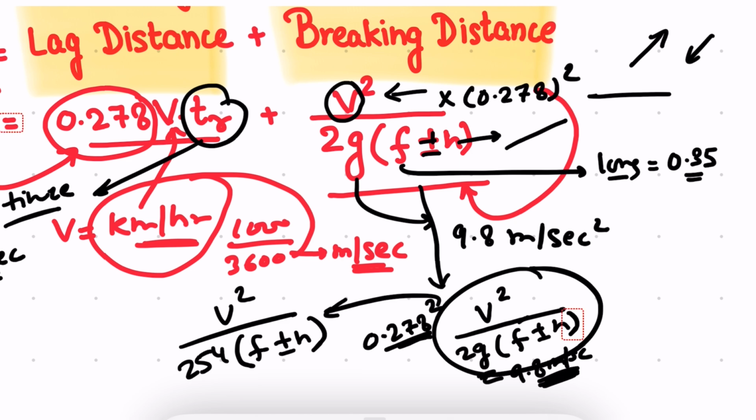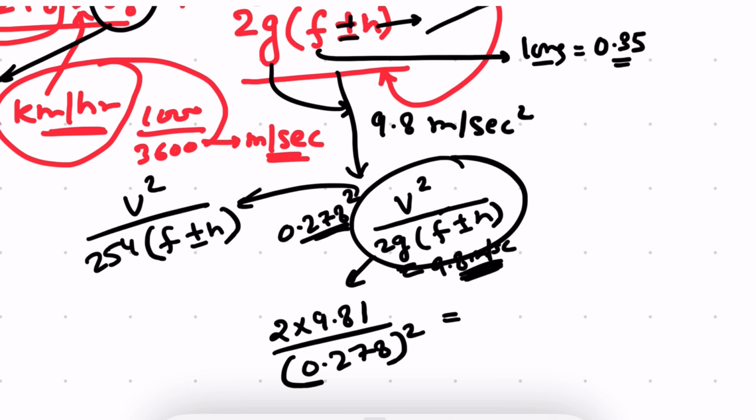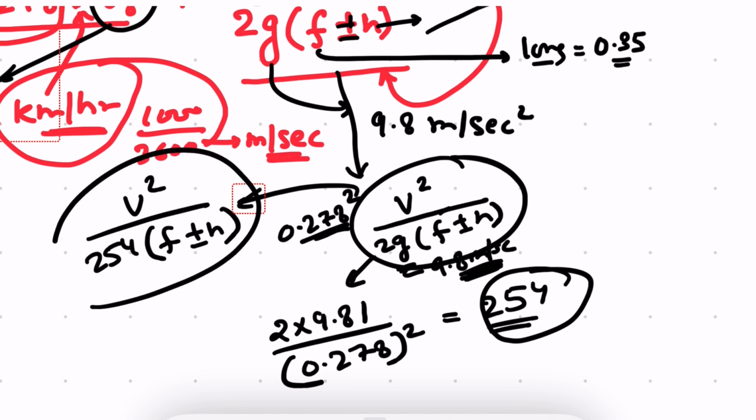If you take 2 into 9.81 divided by 0.278 whole square, you will get near about 254. So instead of going into much unit conversion, simply writing 254 will do. So the formula can be taken as V square by 254 (f plus minus n).